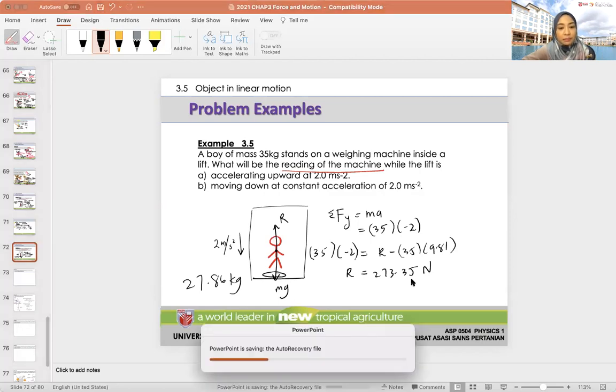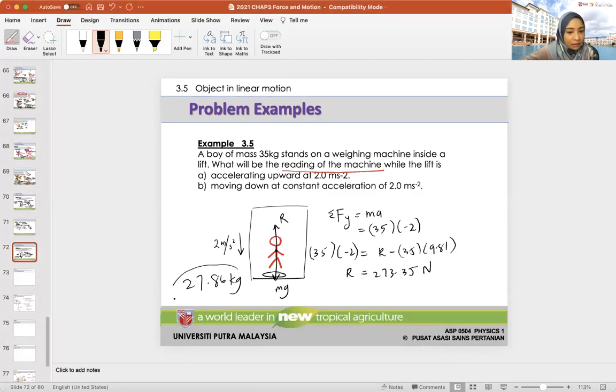So saya nak bagi tahu je lah. Berat inilah berat budak ni. Sebenarnya berat dia 35. So bila dia accelerating down, berat yang weighing scale tu tunjuk adalah lebih kecil daripada berat dia yang sebenar. Tu je lah. So, tapi kalau kita punya jawapan last nilai R tu je kita tak bahagi pun dengan yang 9.81 tu tak? Tak payah. Oh, tak payah pun tak apa.